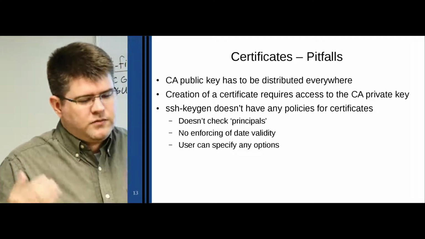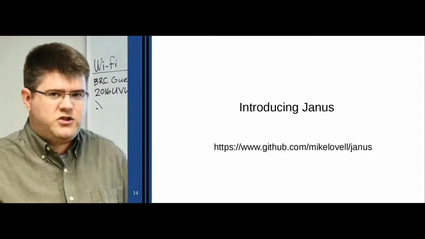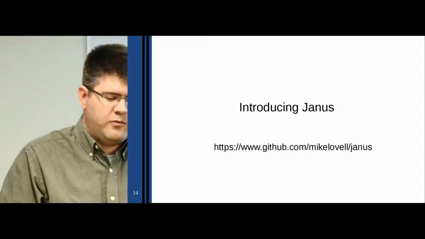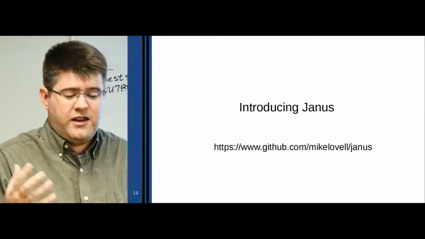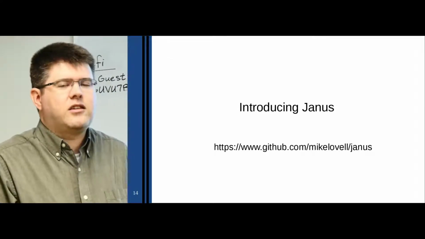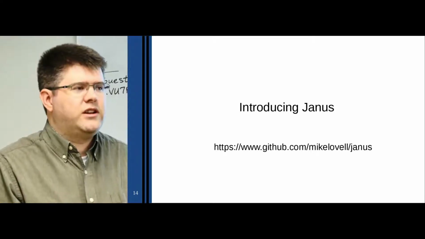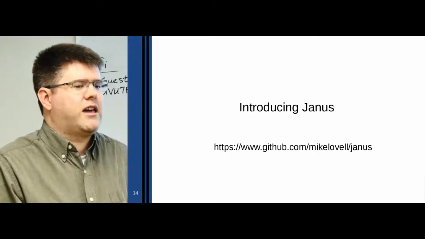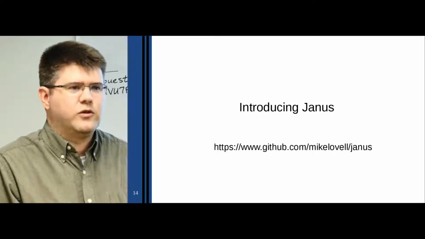And so some of these things are why I started a project that I've so far called Janus. Not set on the name particularly, but it's a working name so far, and it may end up sticking. And this is a Python utility and web app that can be used to provide access to a certificate authority.